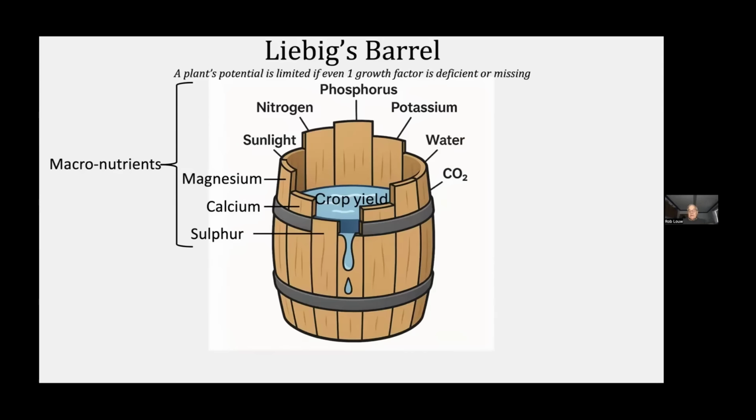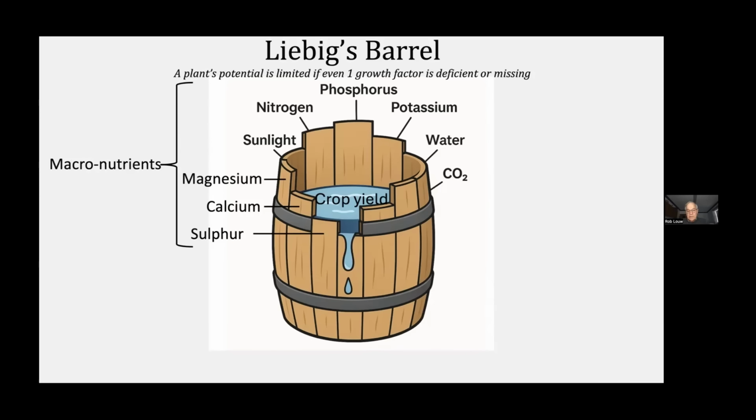And yes, Liebig's barrel explains the concept that he came up with, and he stated that a plant's potential is limited if even one growth factor is deficient or missing.